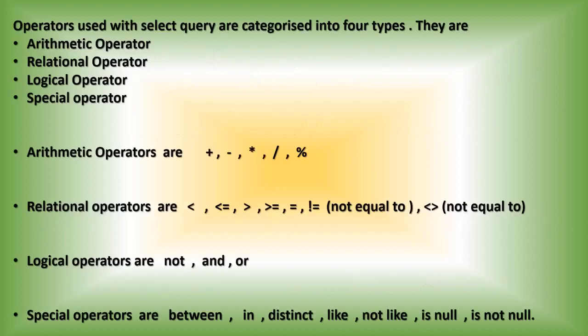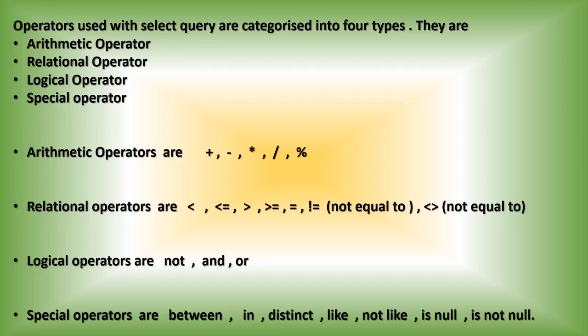Operators in SQL are categorized into 4 different types. They are arithmetic operators, relational operators, logical operators, and certain special operators. We already studied the operators in Python.